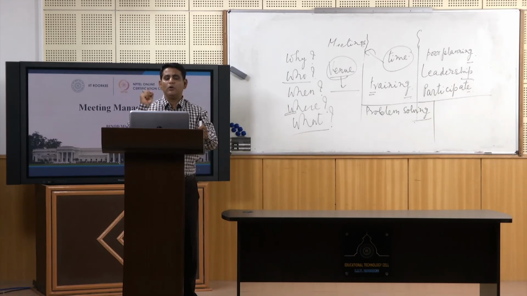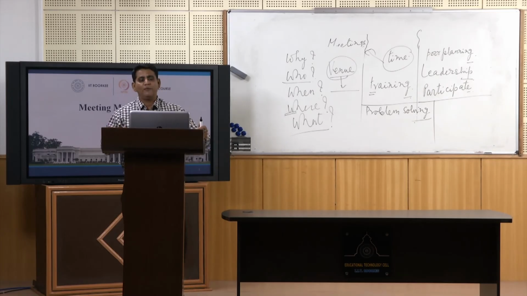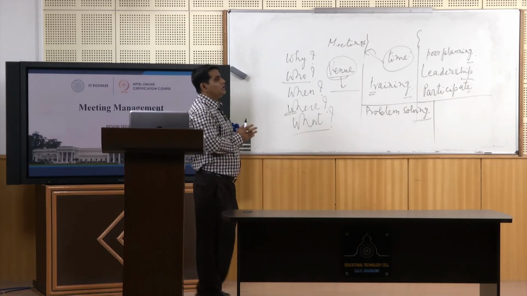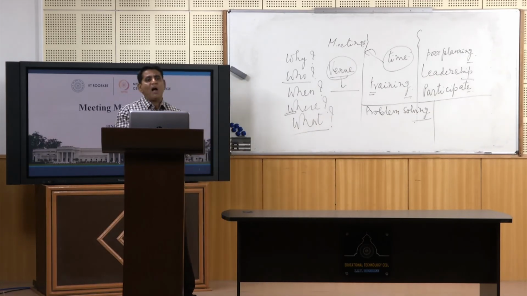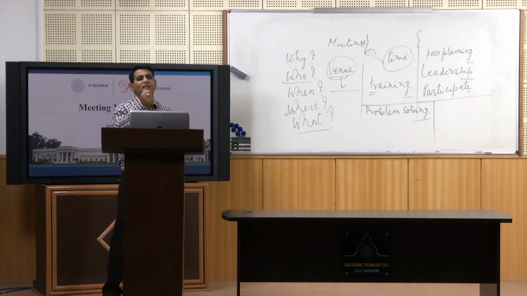Now when you are going to conclude the meeting, you have to take into consideration that when you have heard everyone, you should summarize. Whatever came out of the meeting, the specifics of the meeting, have to be identified, and if some action is to be taken, you have to assign the responsibility to some people.